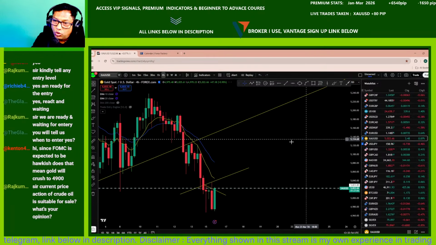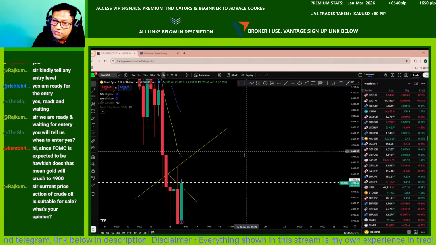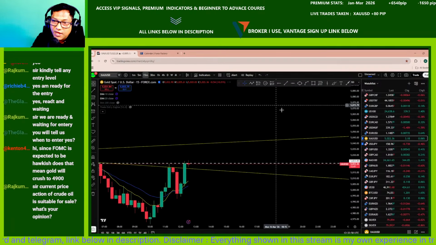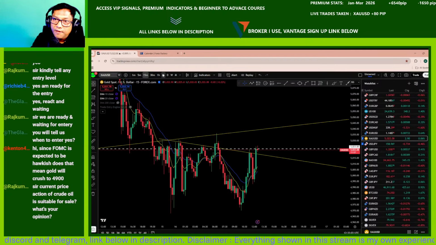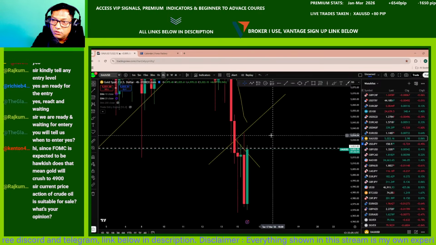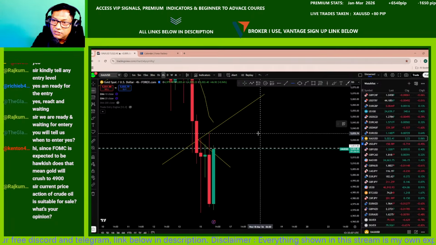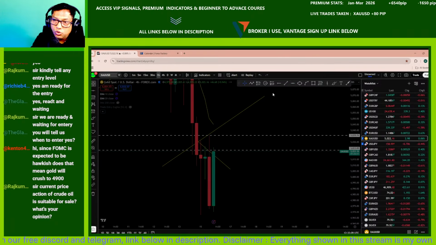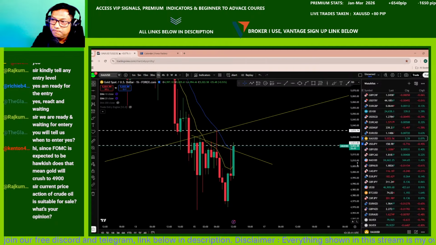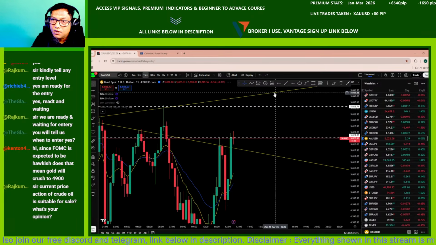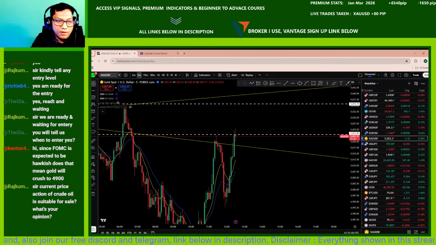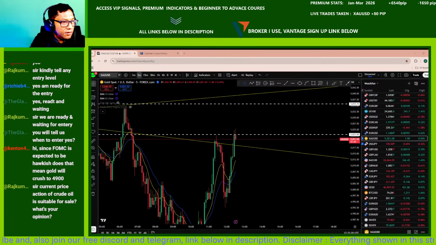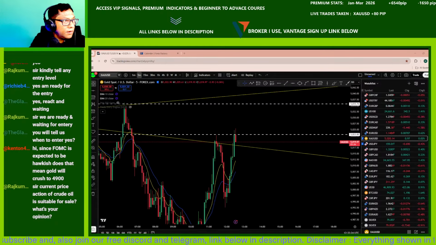So we're going back to gold here, and gold is now moving up again. It just crossed this high, and this is the current level of resistance that you could see on gold to retest.